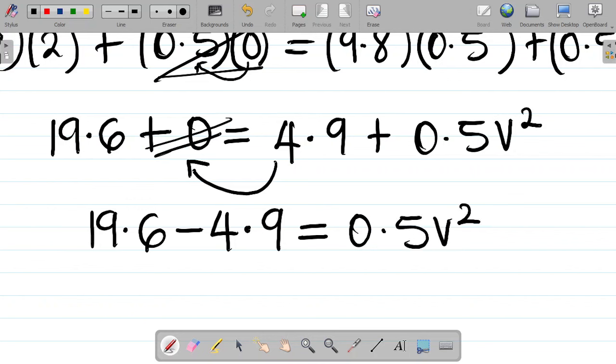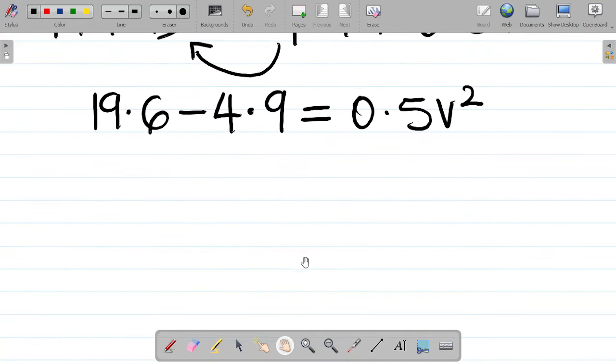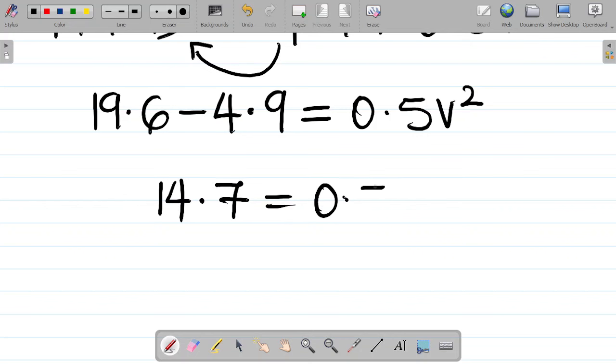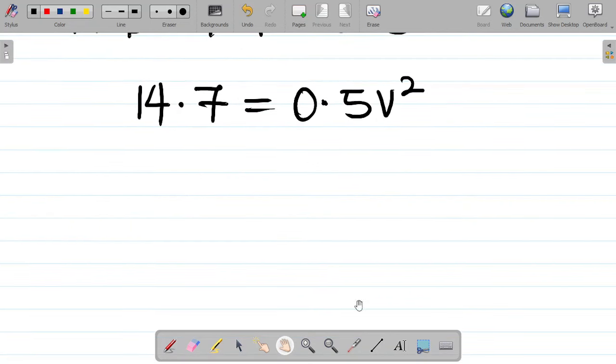So I'll have 19.6 minus 4.9, and my answer is 14.7. This is equal to 0.5 times v squared. Now divide both sides by 0.5.